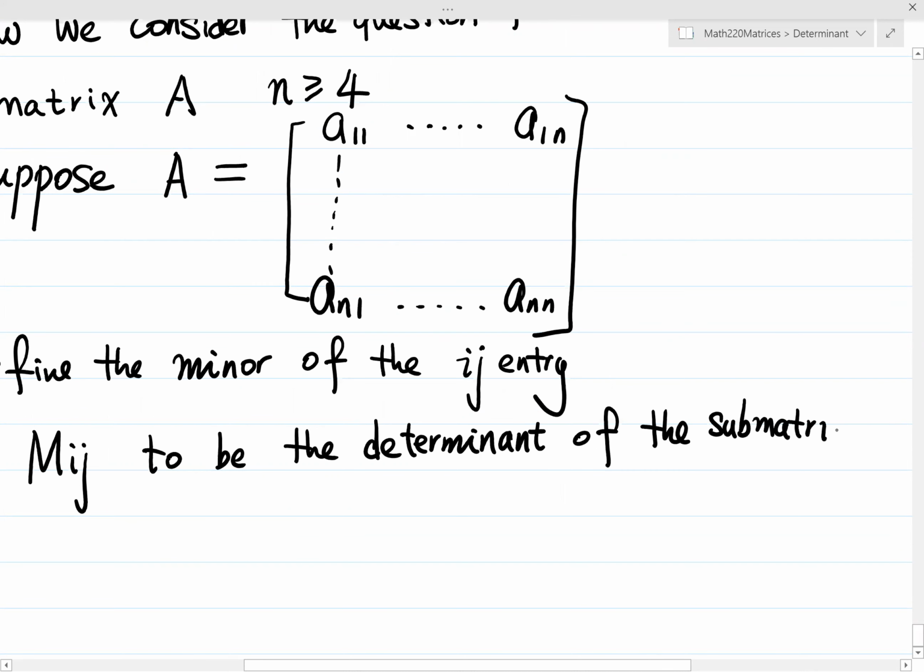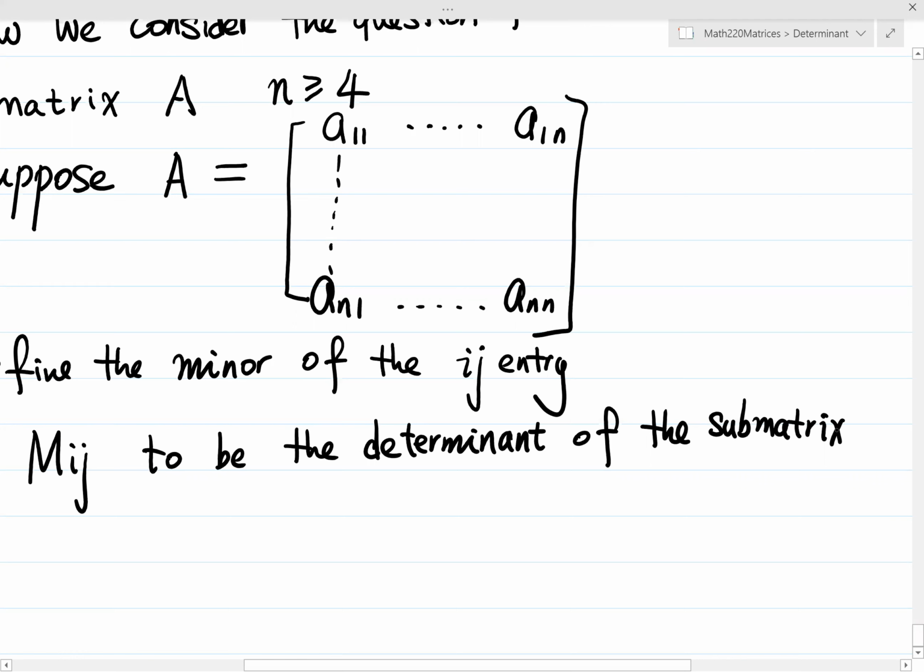If it is 4 by 4 and we cross out a row and a column that contains the ij entry, then it will be a 3 by 3 matrix.